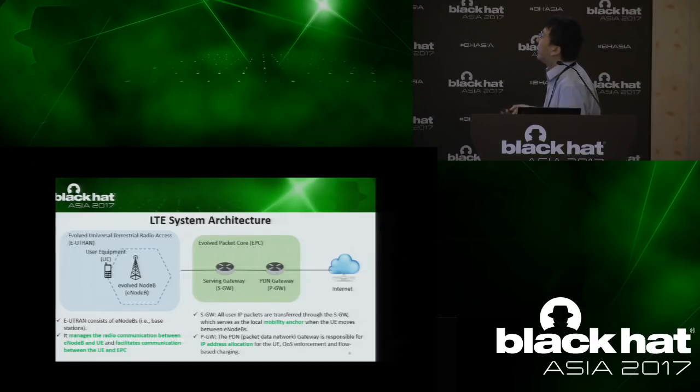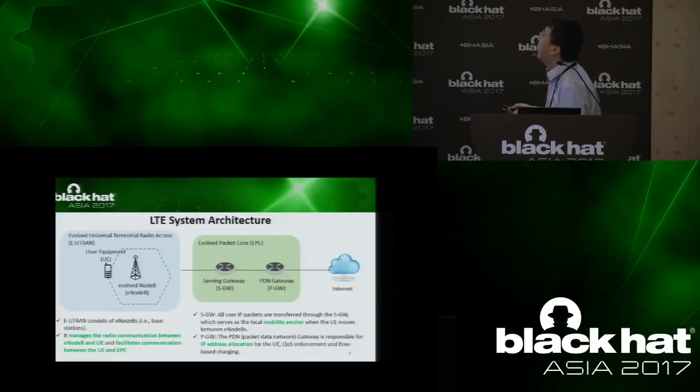Also, it facilitates the communication with this part, EPC. Okay, so then we come to the EPC. Here I hide several other subsystems or small components within EPC, but here I just hide them because they are not actually quite related to our work. Here I highlight two gateways.